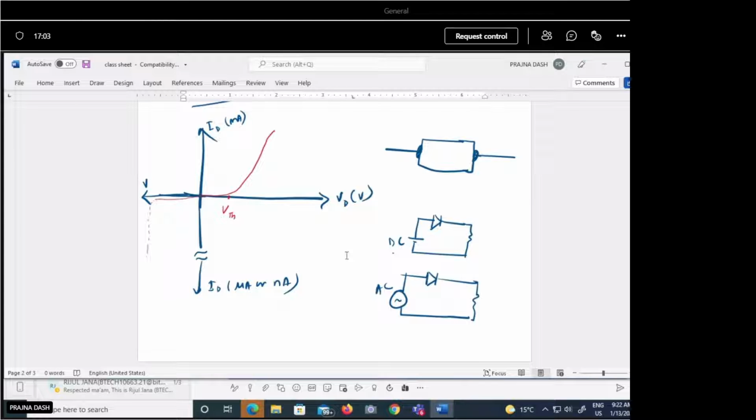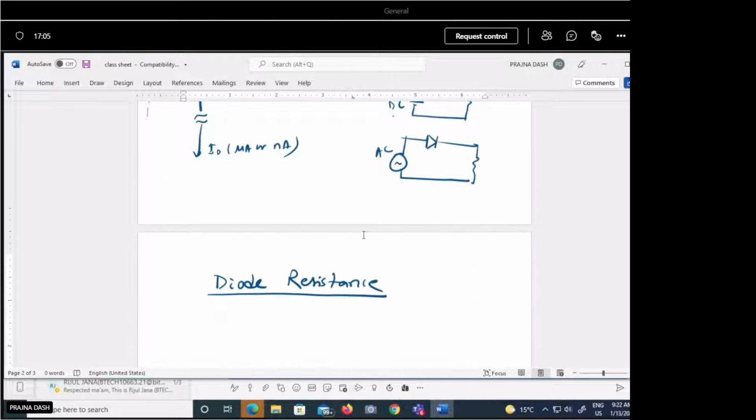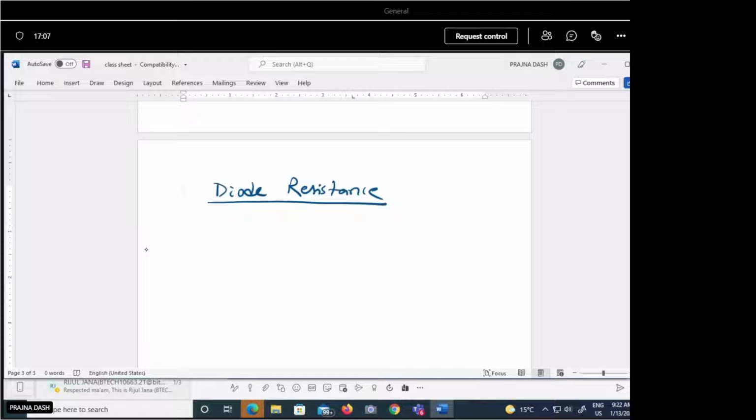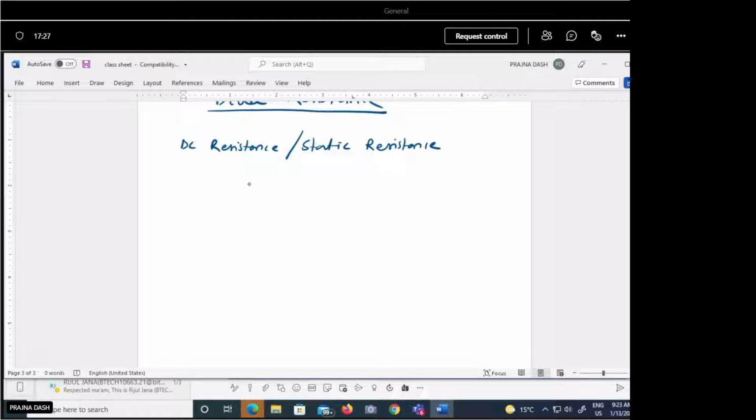So we can represent the resistance in both types, that is DC resistance. This DC resistance is also called static resistance of the diode. How can this DC or static resistance of the diode be calculated?